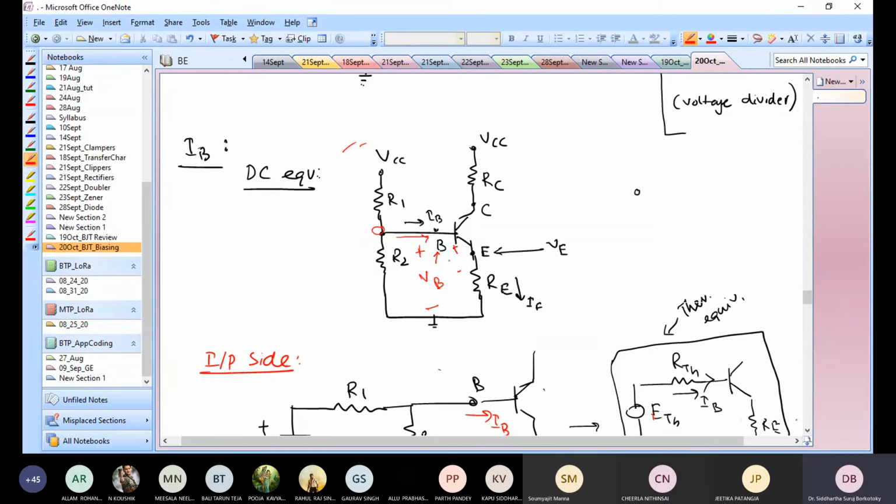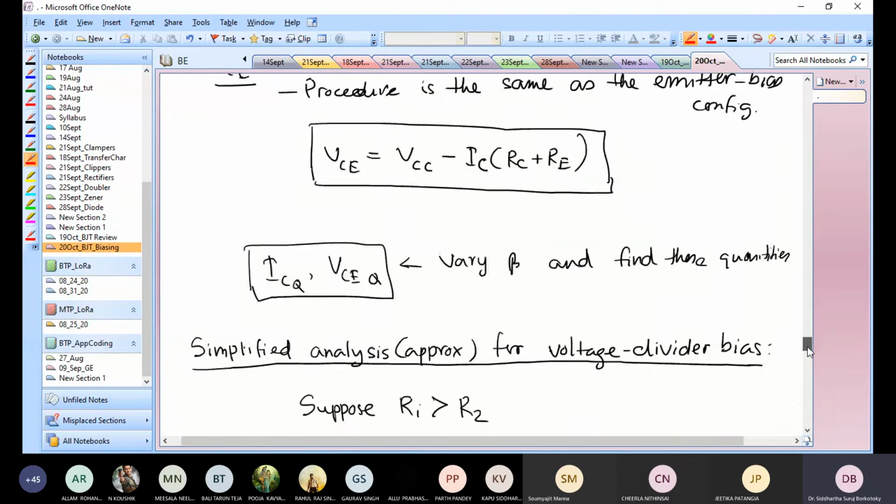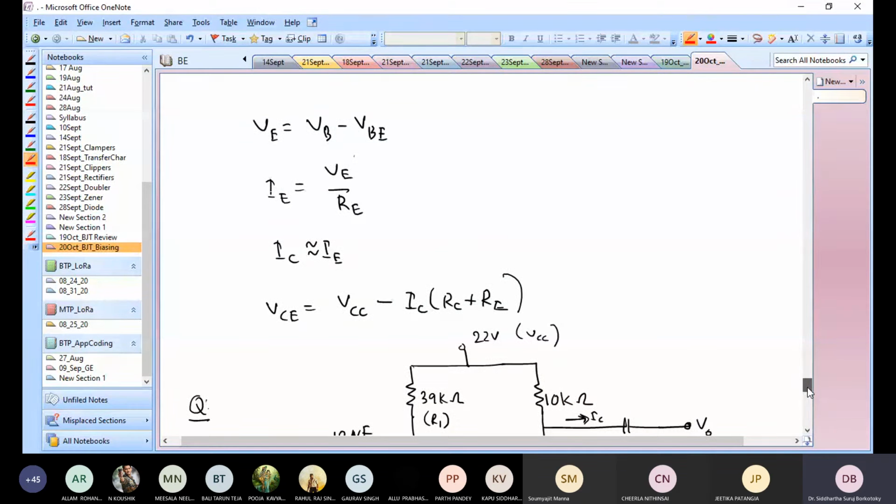Then from this point to this point, there is a VBE drop. Then you get this point E. So going from point B to point E, I started out with a potential of VB, then I had a potential drop of VBE, which means the potential at E is VB minus VBE. If you're not clear about this, just ask me, but I hope it will be okay.